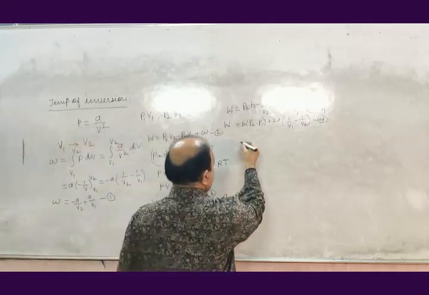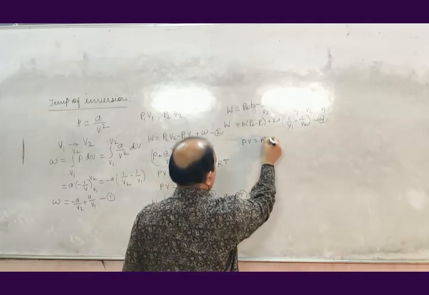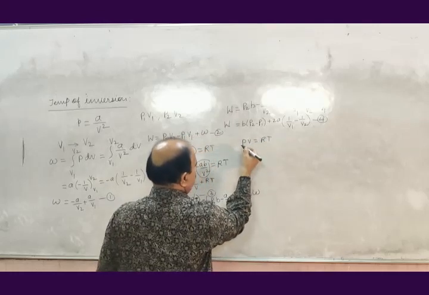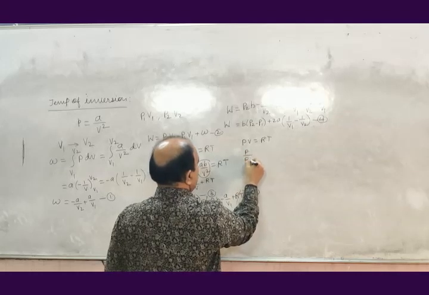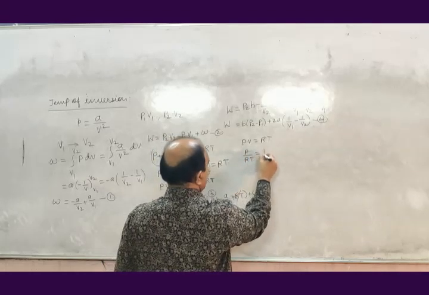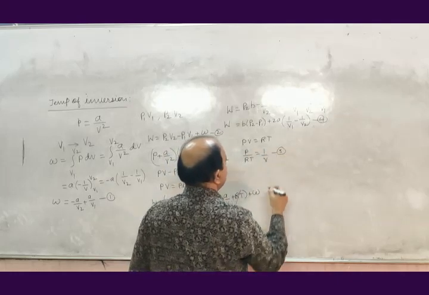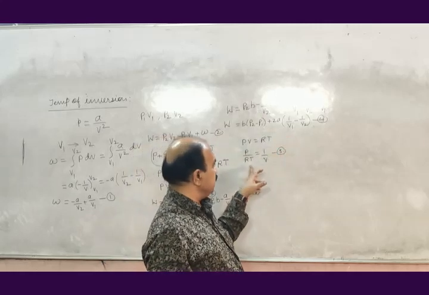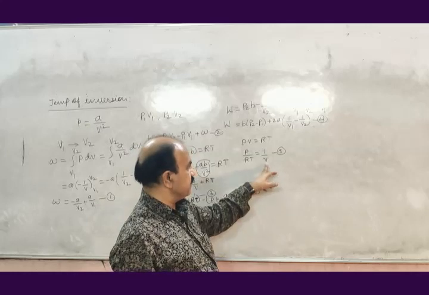Let us use this equation PV is equal to RT. Take V to this side, RT to this side. So we will have P by RT is equal to 1 by V, equation number 5. Let us put this for V1 and this for V2 here in the denominator.